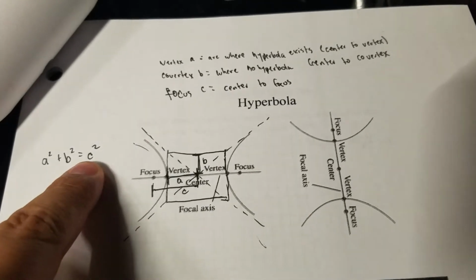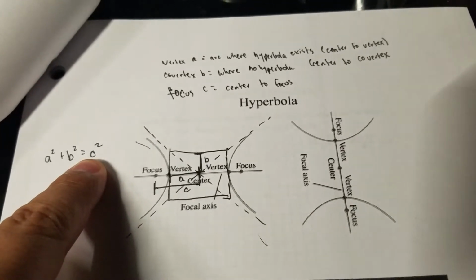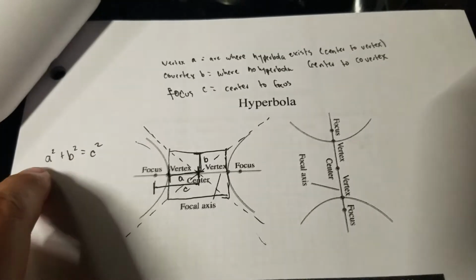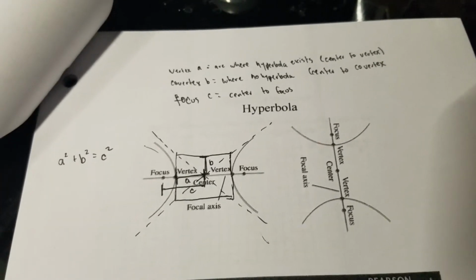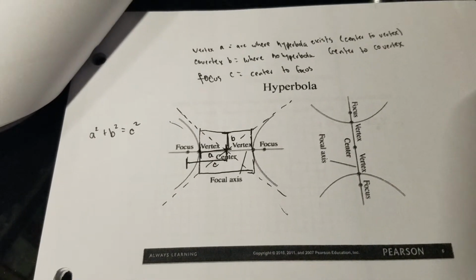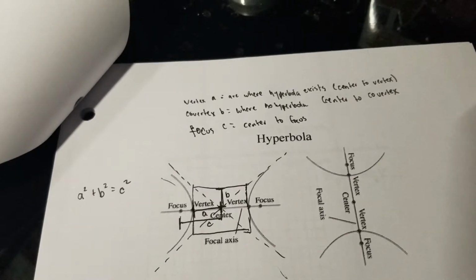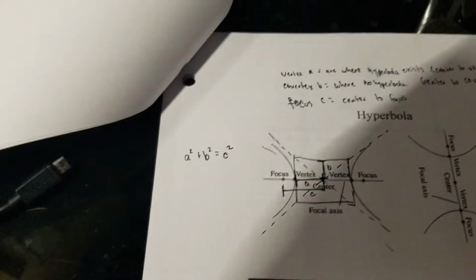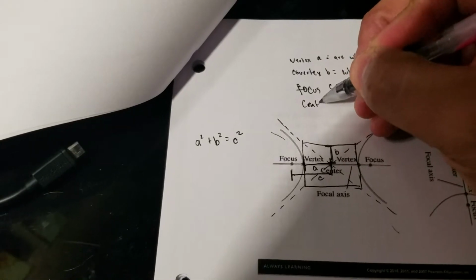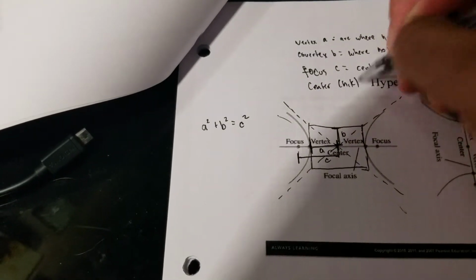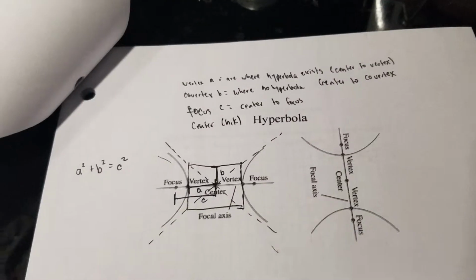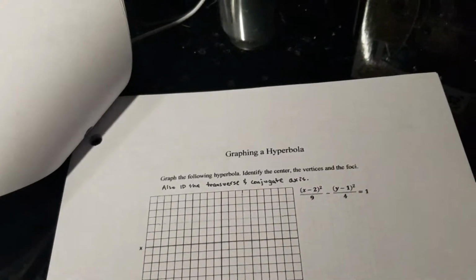So now I have A squared plus B squared equals C squared. That's what changes from the ellipse to this one. The center is still going to be H and K. So let's go ahead and work through a couple problems here.